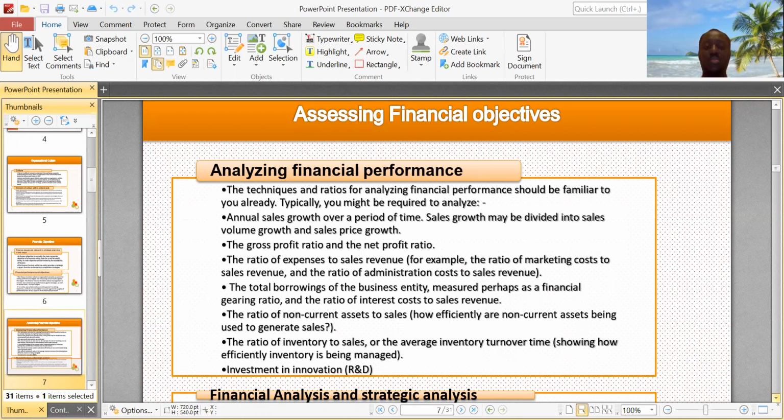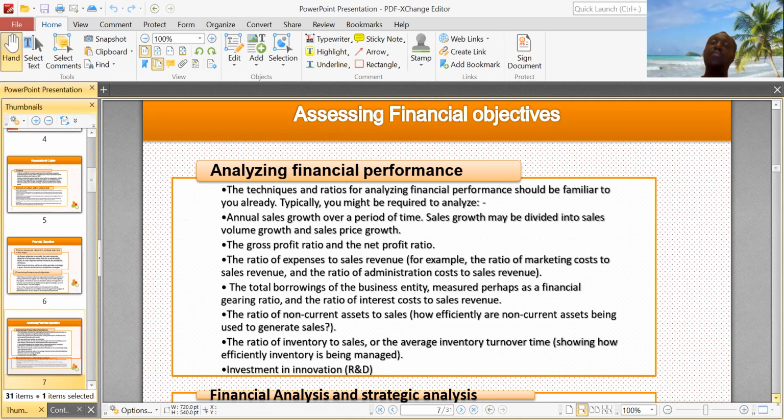And you also have the gross profit ratio and the net profit ratio. We all know that the gross profit ratio is simply your gross profit over your sales. Your net profit ratio is your net profit over your sales. So basically, the gross profit ratio is saying that for every dollar of sales, or every CD of sales, or every pound of sales, we are making X amount in terms of gross profits.